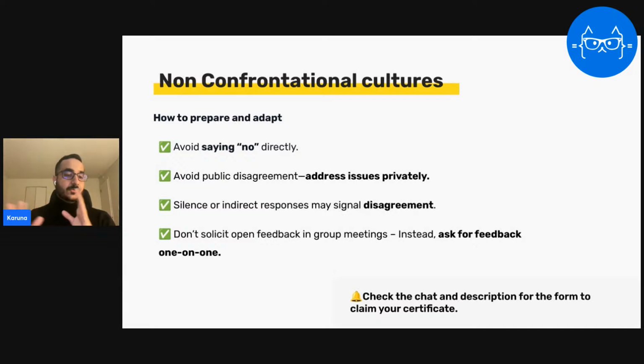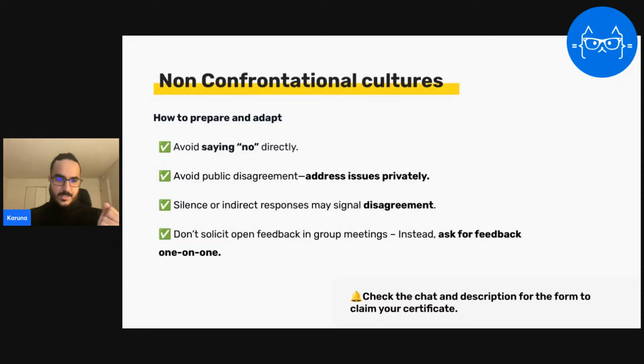You would say all sorts of things like, maybe this isn't the best way forward, or this might take more time than we anticipate. Saying no just feels rude almost, right? So in a lot of these cultures, saying a direct no is almost considered unacceptable, right?